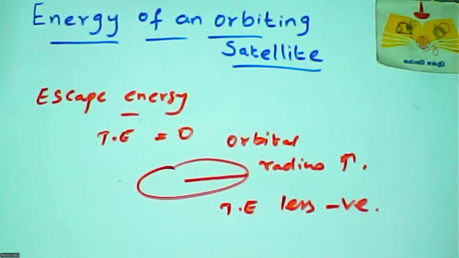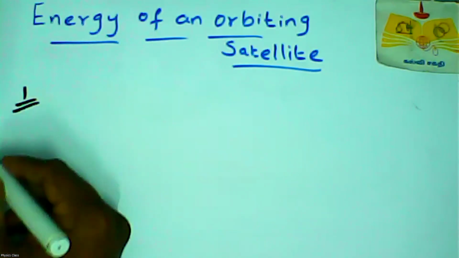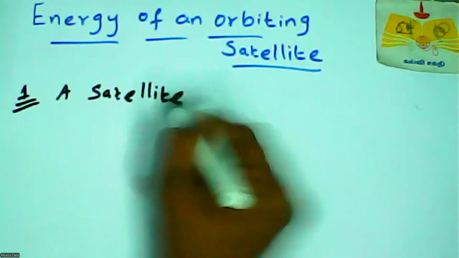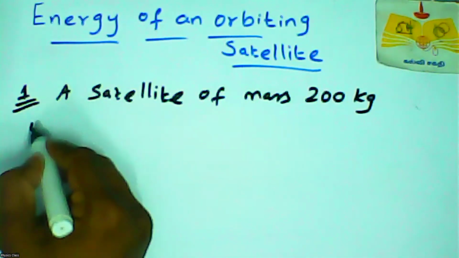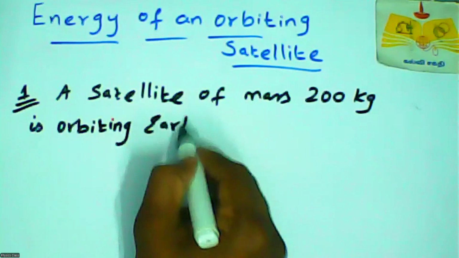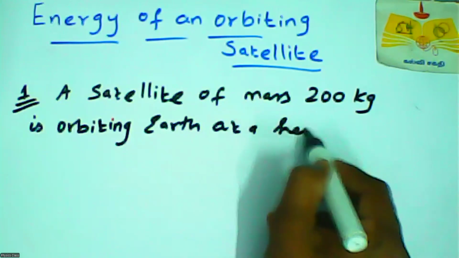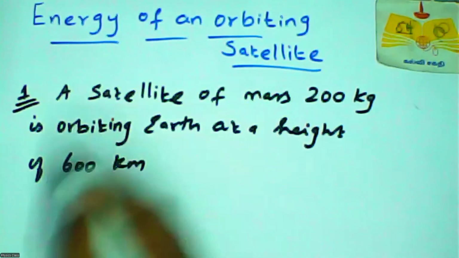Okay, let's apply these principles and formulas with a couple of numerical problems. Problem number 1. A satellite of mass 200 kilogram is orbiting Earth at a height of 600 kilometer above the surface.